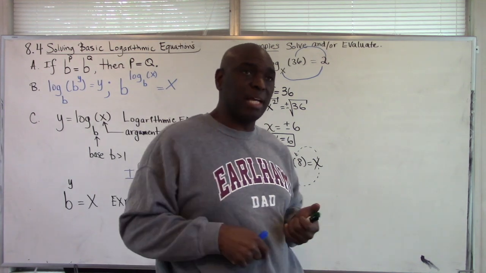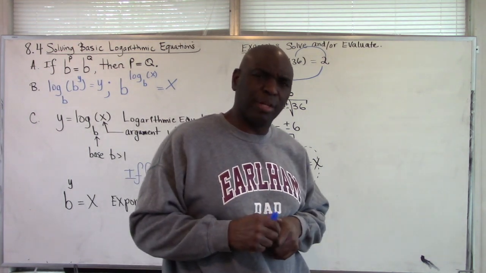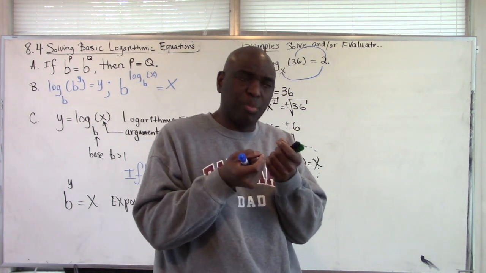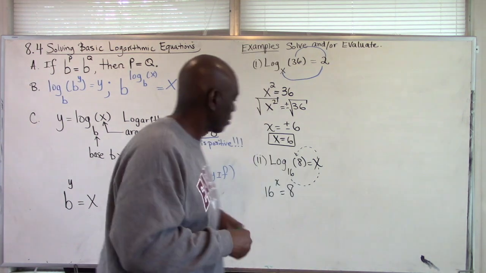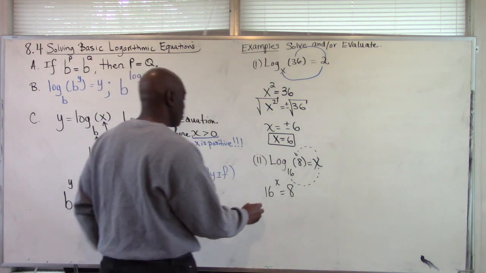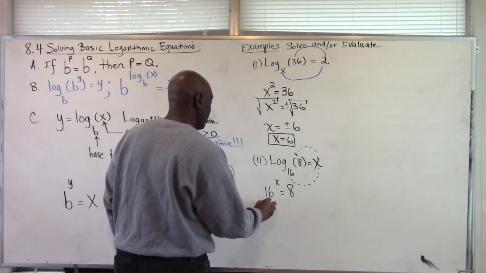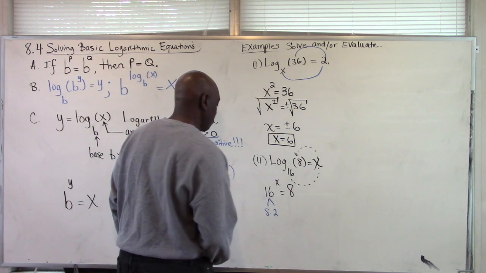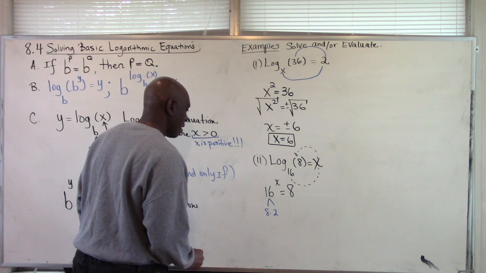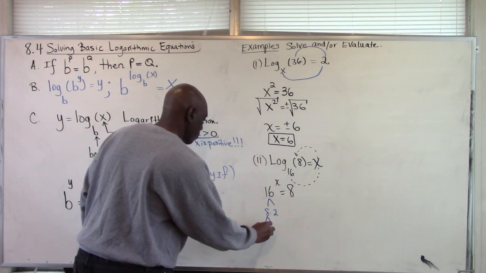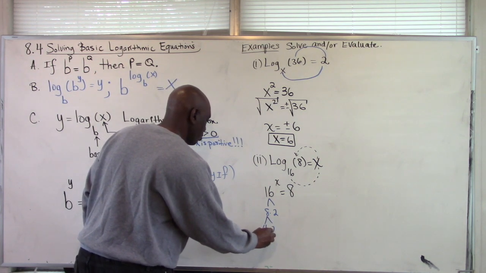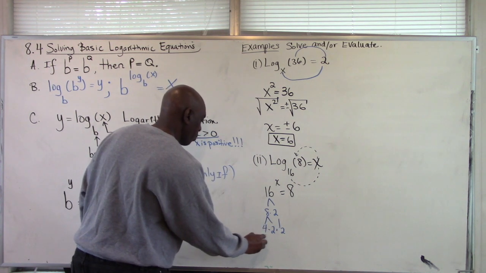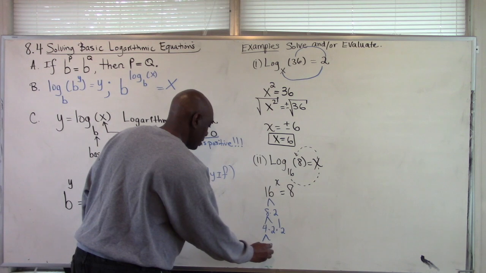We broke bases down way back in chapter 1. Remember with those prime numbers, the prime factors? That's what we mean when we say break it down. Alright, let's work on 16. What is 16? 16 is 8 times 2. Right? And what is 8? 8 is 4 times 2. Bring this 2 down. And what is 4? 4 is 2 times 2.